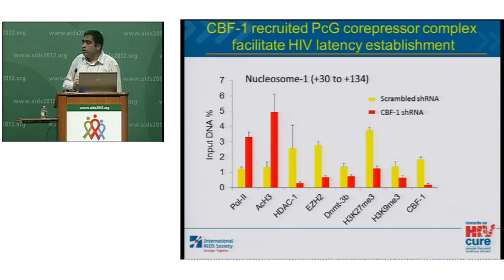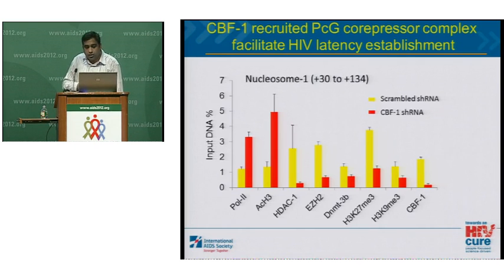The importance of these heterochromatic marks and modifications has already been established in HIV latency by several groups, including us. Especially, we have demonstrated the importance of these heterochromatic marks in establishing HIV latency in primary T cells. So these results demonstrate that CBF1, in addition to histone deacetylation, also induces repressive histone methylation in order to restrict HIV transcription during HIV latency.